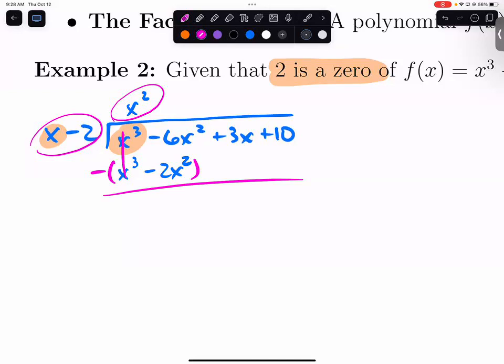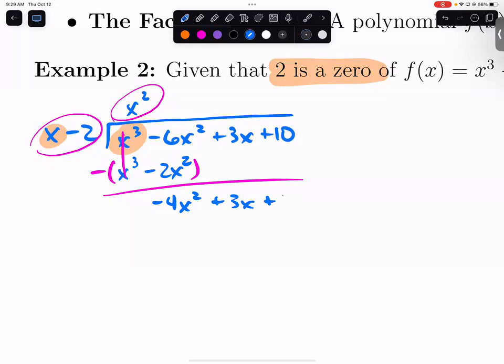That's good. The leading term should be dropping off at each step. Negative 6x squared minus negative 2x squared. Again, this is probably the place where most errors happen, just being careful with the signs. Negative 6 minus negative 2. So negative 6 plus 2. So negative 4.